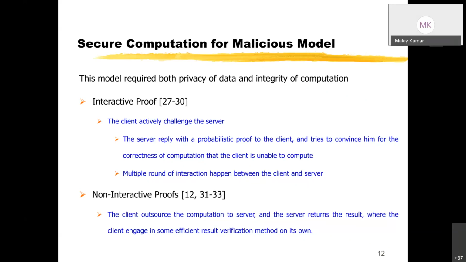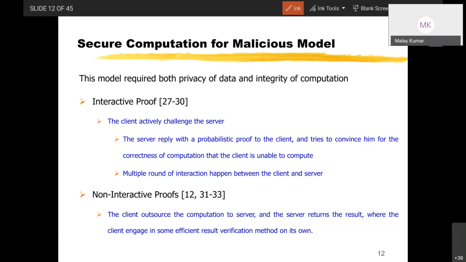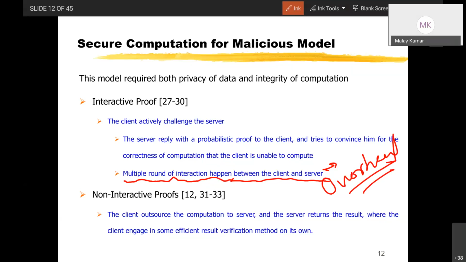Now in non-interactive proof, as you see, the interactive method requires multiple rounds of interaction for proving a result. That is an overhead, required multiple interactions between the client and the cloud server.